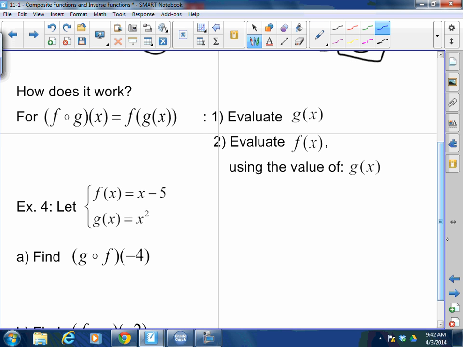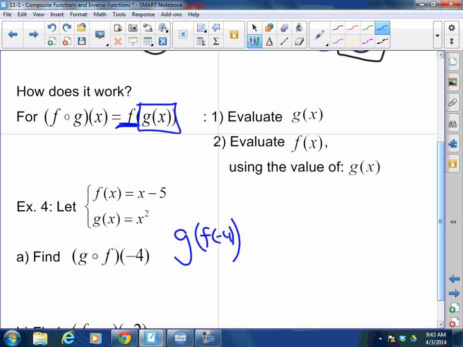Okay. I got f of g of x. I want to evaluate, what you do is you first evaluate g of x, and then you evaluate f of x. I want to find g of f of negative 4. So what I really have here is g of f of negative 4.